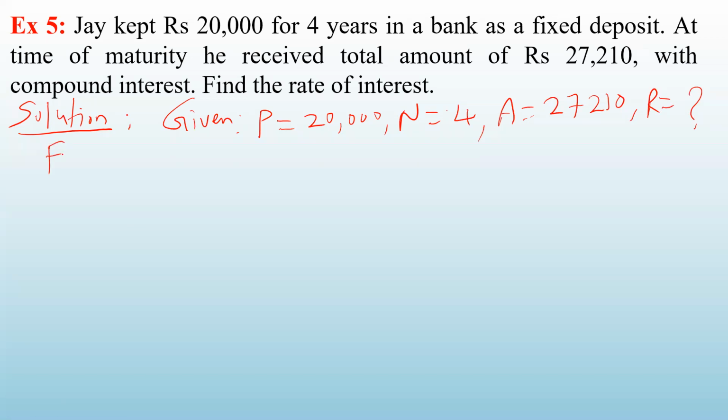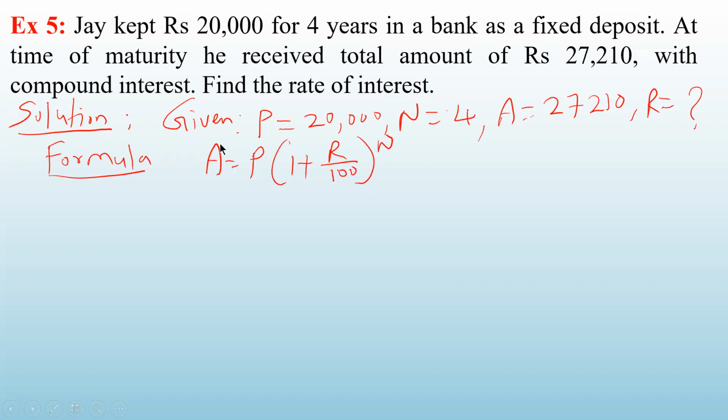What is your formula for the amount? A is equal to P into 1 plus R upon 100 raised to power N. In this formula, as I told you before also, there are 4 unknowns: 1, 2, 3 and 4. If you know any 3, you can find out the 4th one. So let us put the values.